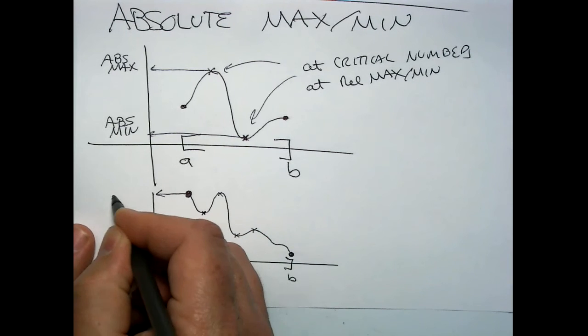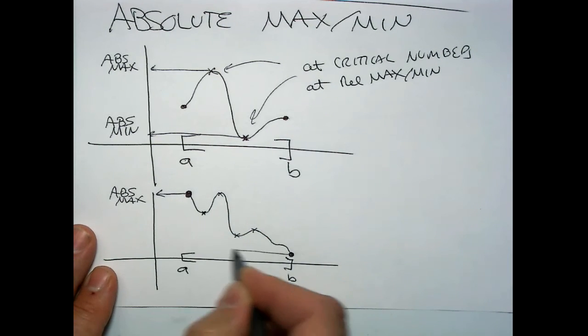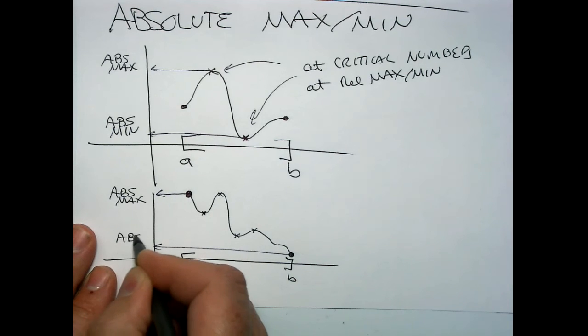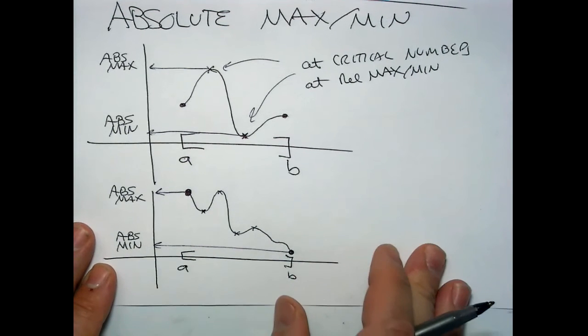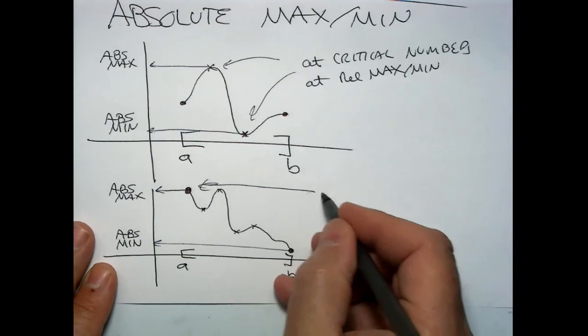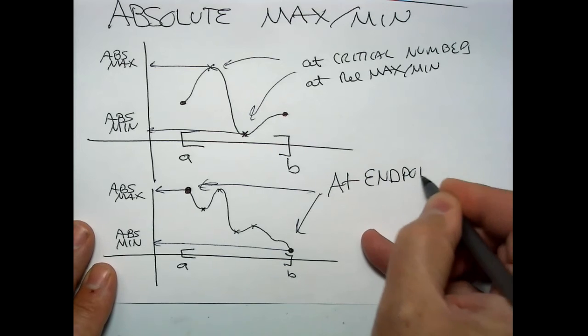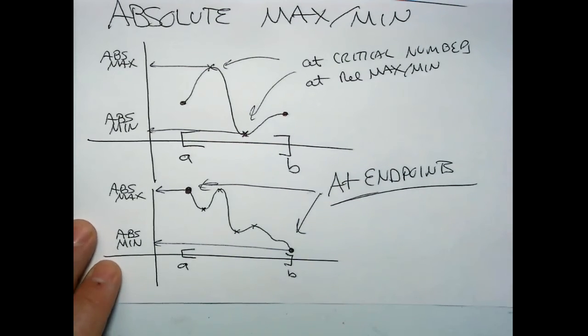I'm coming across, and I'm calling this one the absolute maximum. I'm coming down here, and I'm calling this one the absolute minimum. So where else would you find absolute mins or maxes? You could find them at the endpoints. So the bottom line with finding an absolute max or min on an interval is you will either find them at critical numbers or the endpoints, nowhere else.